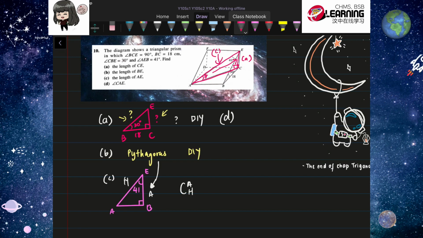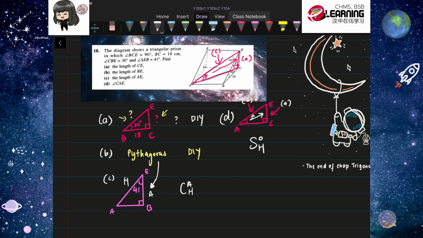You can use SOH to find sine. The triangle is like this. This is the angle CAE. This CE you find already in part A, and this length of AE you find it in part C already. So you can use opposite and hypotenuse, so you use SOH to find the angle. So you do it by your own.